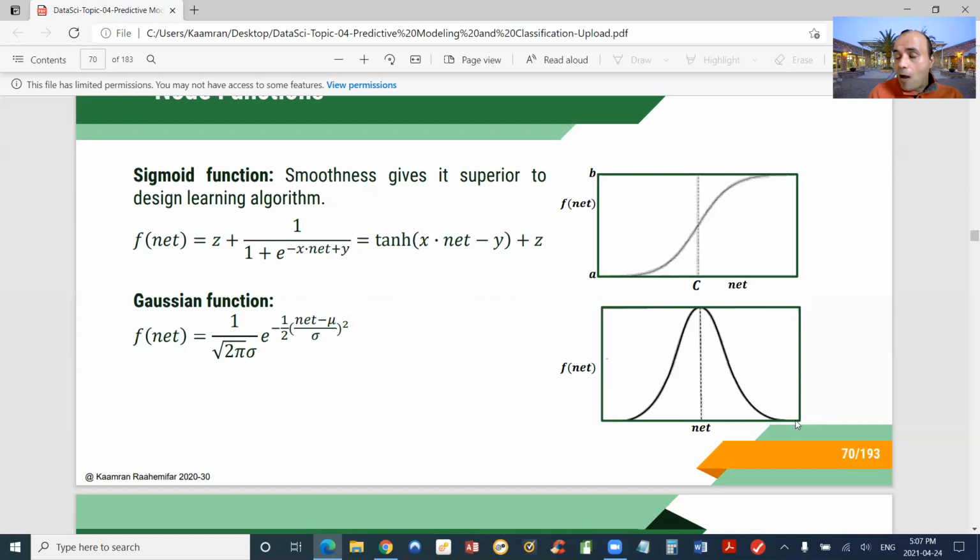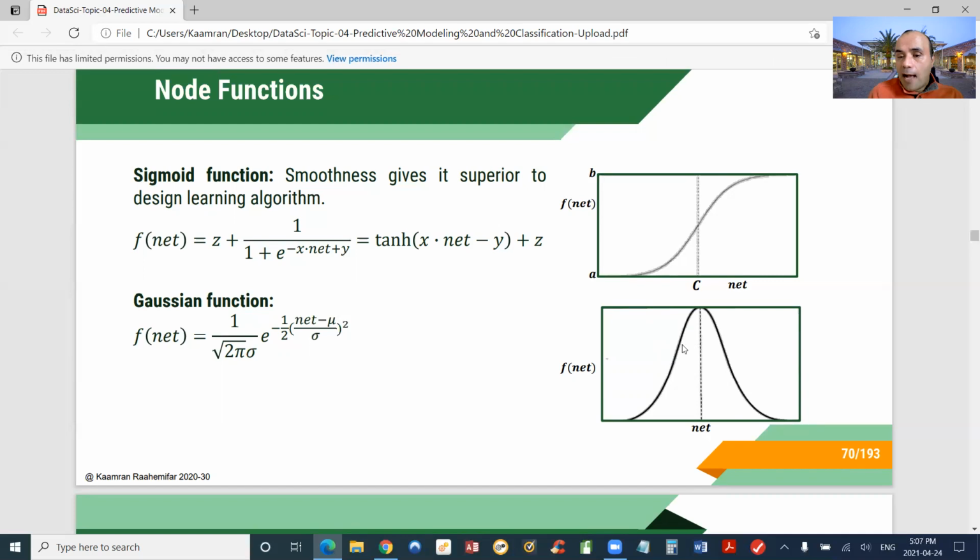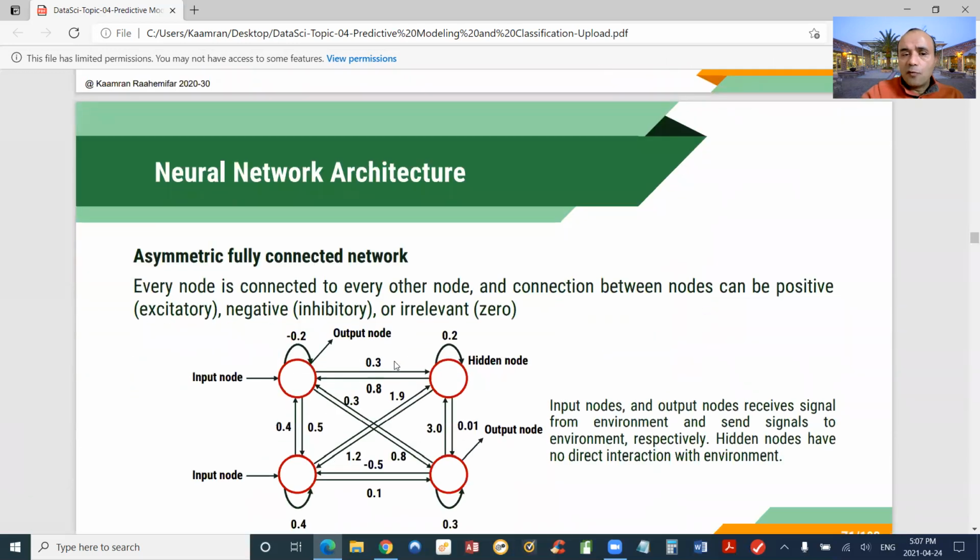When the net is very high as well, f(net) is 0. However, when the net is around the average point, the neuron is going to fire, and the output signal is going to be continuous. That's what it means. So the shapes are really simple for us to understand.